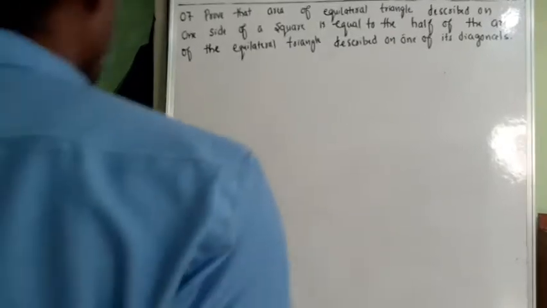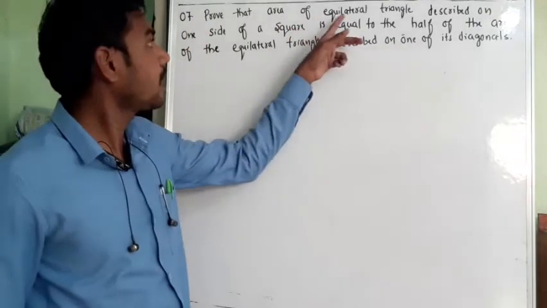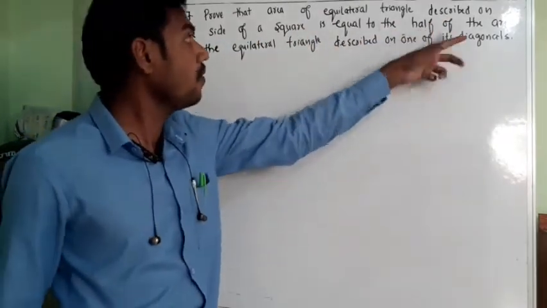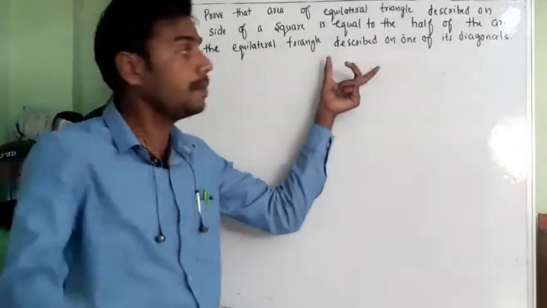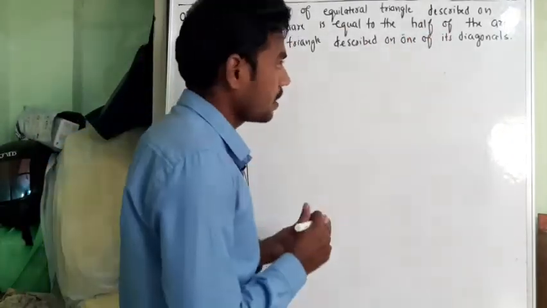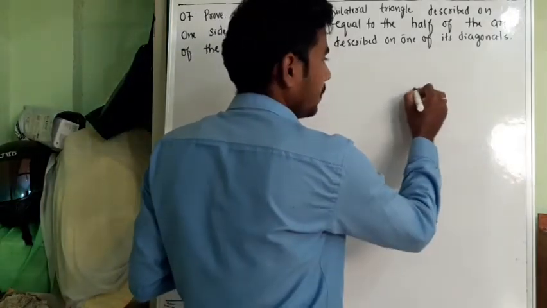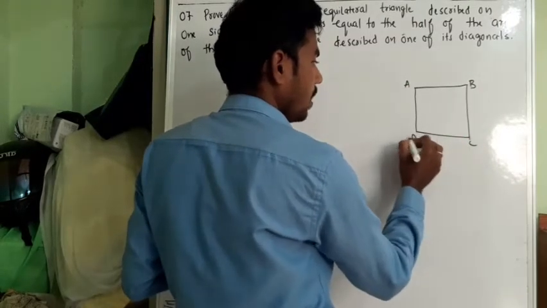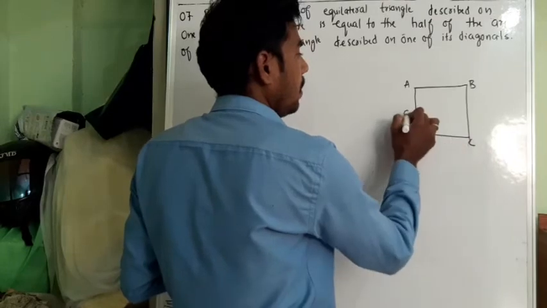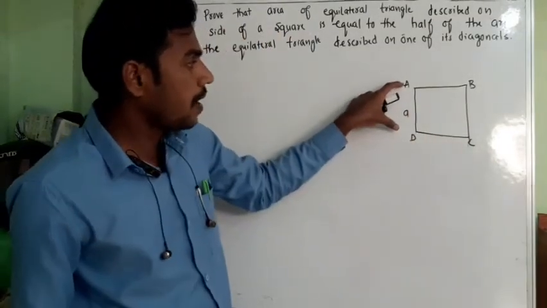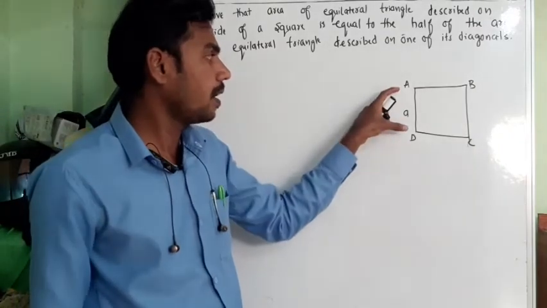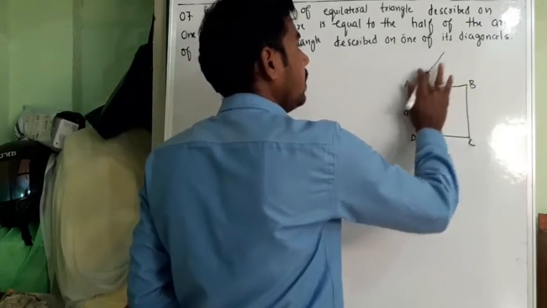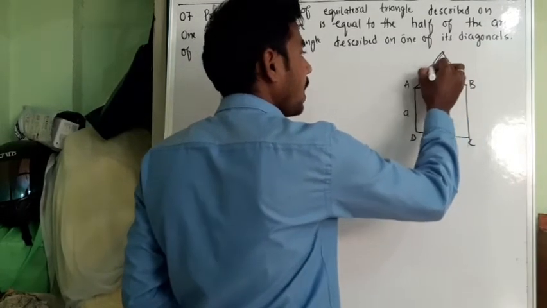Next, 7th question. Prove that the area of an equilateral triangle described on one side of a square is equal to half of the area of the equilateral triangle described on one of its diagonals. So what are they stating? There is a square. Let ABCD be a square, and let a be the length of the side of the square. Next, there is an equilateral triangle described on one of the sides.